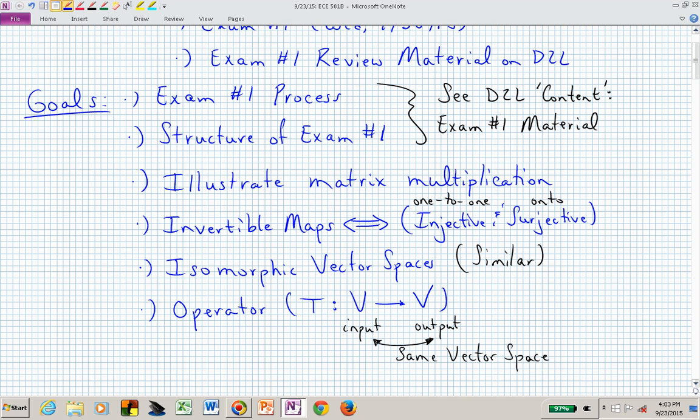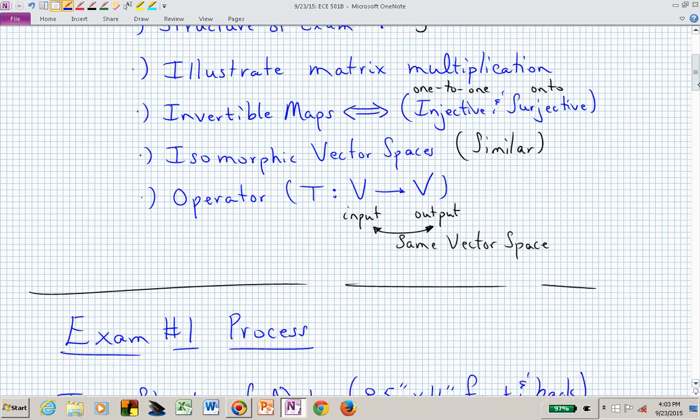If you've thought about a vector space as some place that you're living, that operator folds you back onto that same vector space, the output of that linear map. We're no longer thinking, if we talk about operators, about going from R3 to R2 or from R3 to R5. Now we're staying in, let's say, R3 with this linear map that's now called an operator.